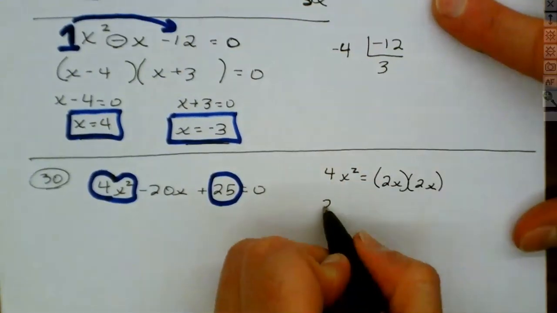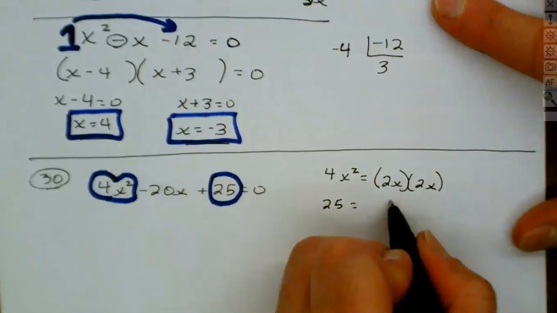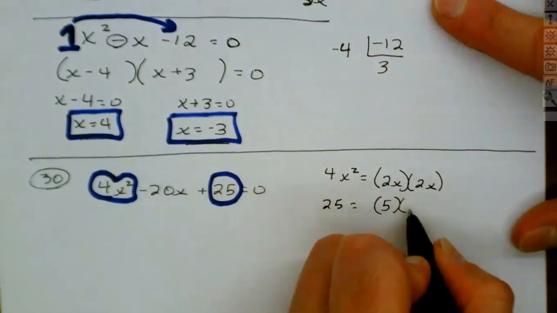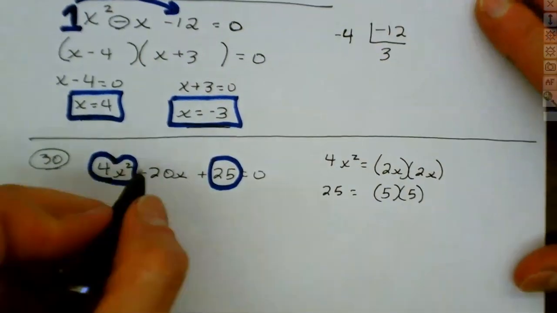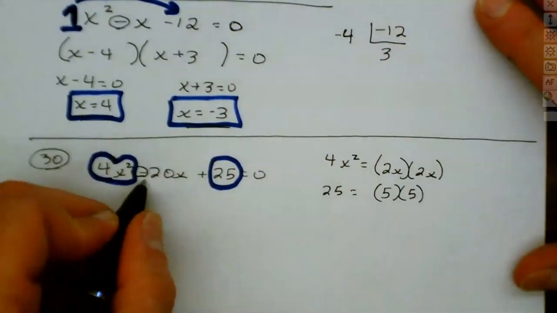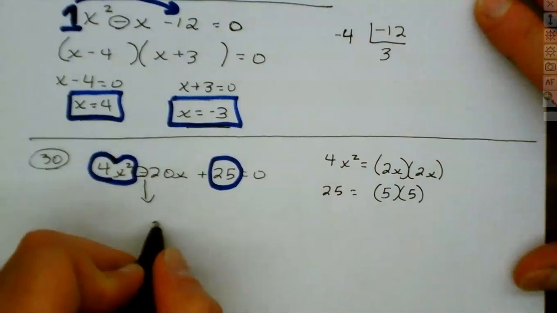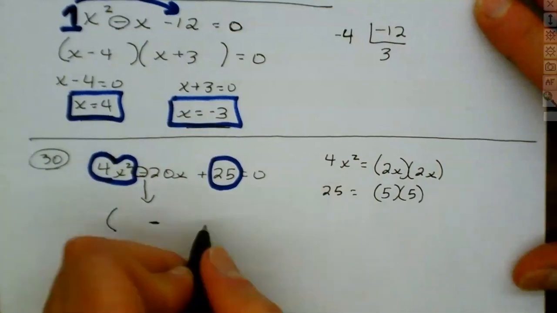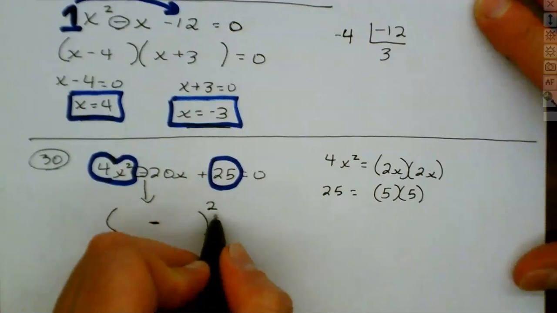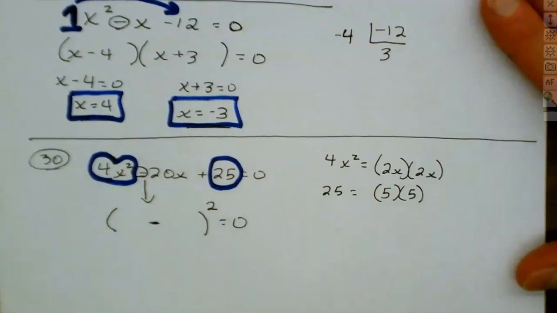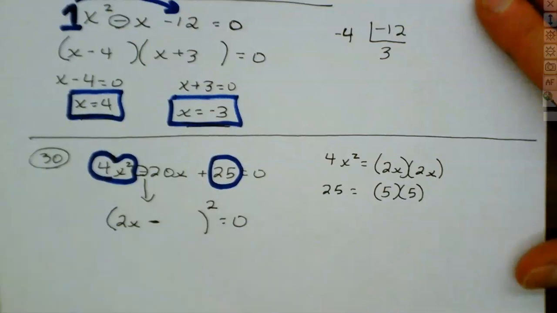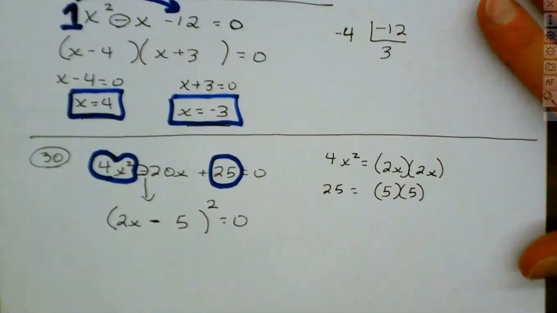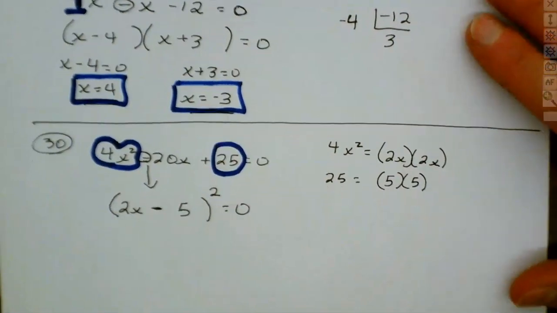And 25 is 5 and 5, right? So there we go. What's the sign in the middle? Sign in the middle is negative, so that's going to come down. And this is what's called a perfect square trinomial. So what comes down is 2x minus 5, quantity squared.